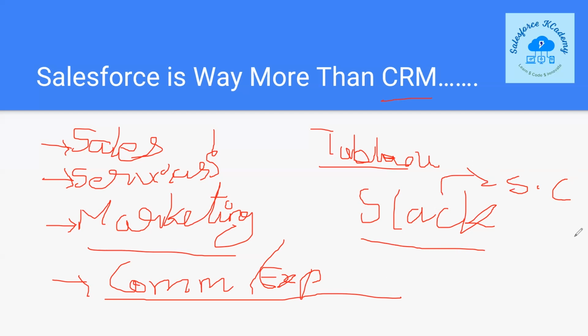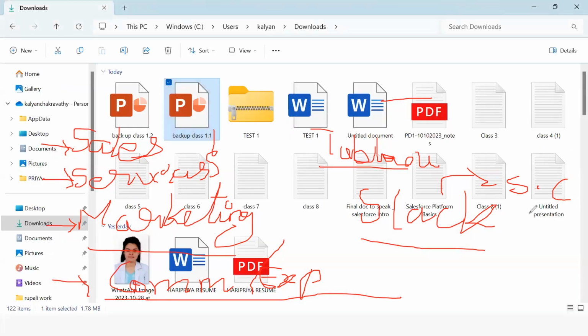So not only by email, we can communicate with other companies and clients using Slack, which is also provided by Salesforce. See how beautifully Salesforce is designed such that everything related to the customer and internal teams we can have in one single tool.